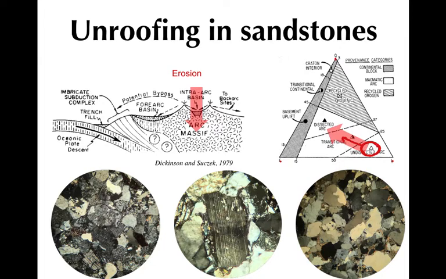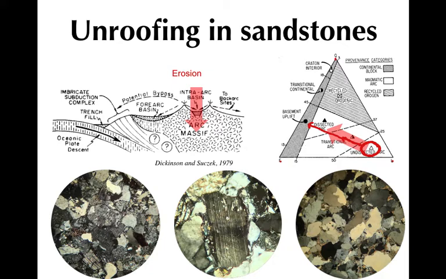So you'll trend from a true arc provenance into something that looks more like a basement uplift provenance over time, because you're eroding away the volcanic rocks on top of all the crystalline igneous rocks beneath it. So that's a common type of unroofing sequence that you see in sandstones related to volcanic arc.